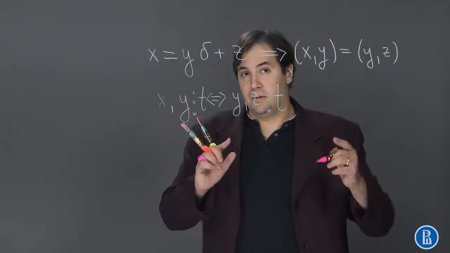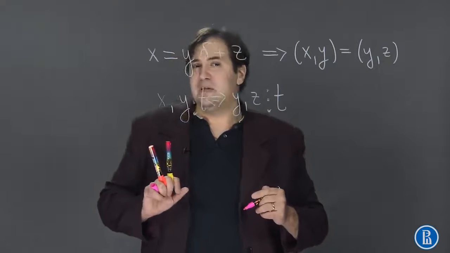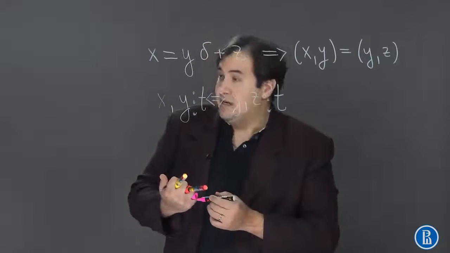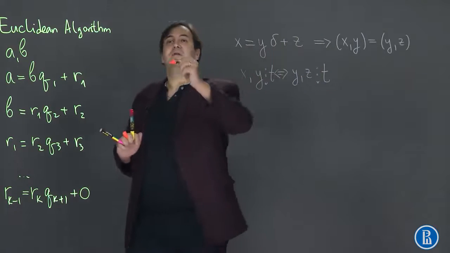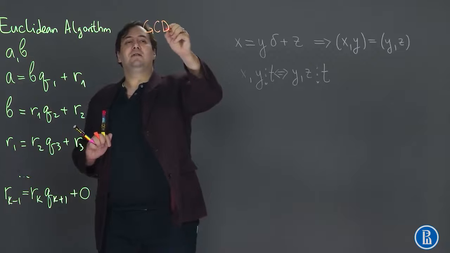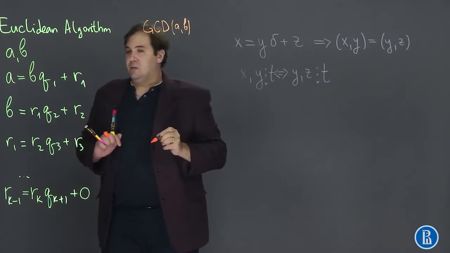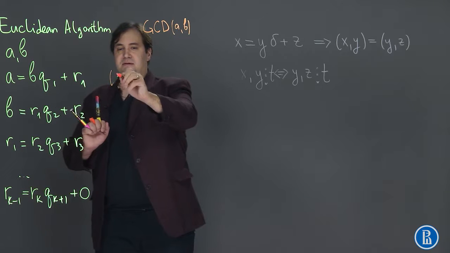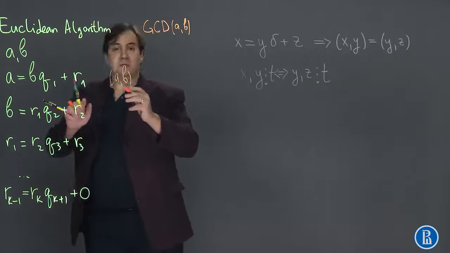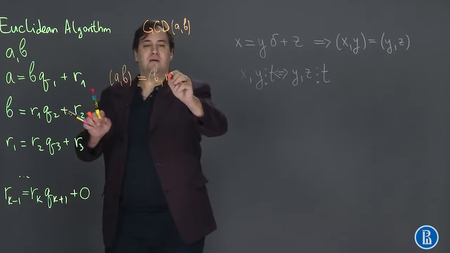Now we will return to our Euclidean algorithm, and this looks very much like a general step in the Euclidean algorithm. So, stepping towards the greatest common divisor of A and B, according to the lemma, the greatest common divisor of A and B is equal to the greatest common divisor of B and R1.